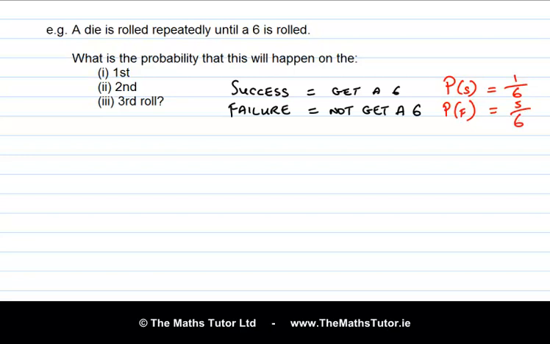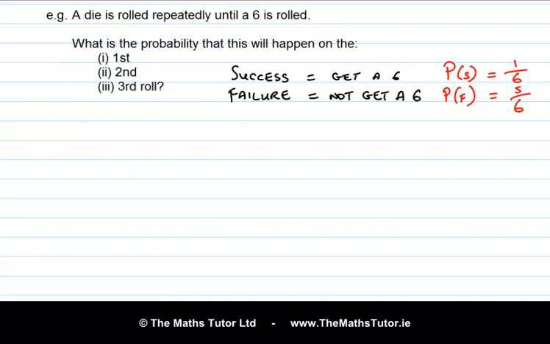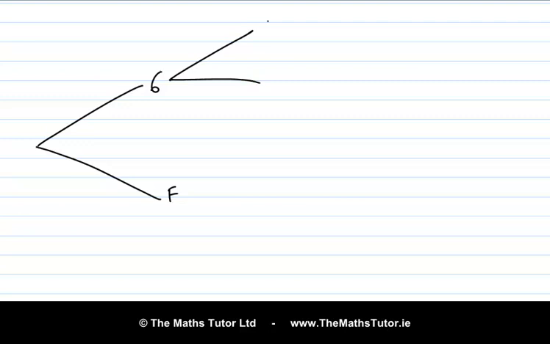So let's explore this scenario using a tree diagram. So in the first trial we could have a 6 or we could have failure. Second trial we could have a 6 or failure.